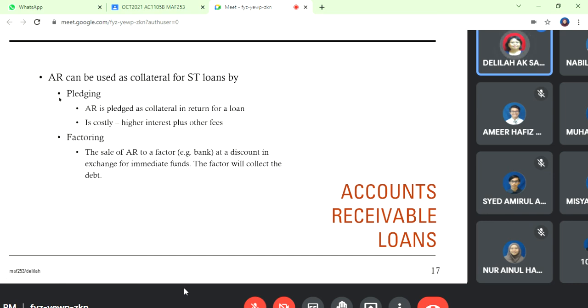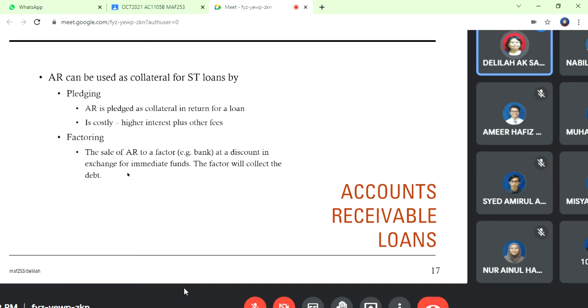Pledging means it's like you pledge the amount of the account receivable to the bank that gives you the money. In other words, if you are unable to pay the bank for the money that you borrow, bank tu akan mengambil alih account receivable tersebut.